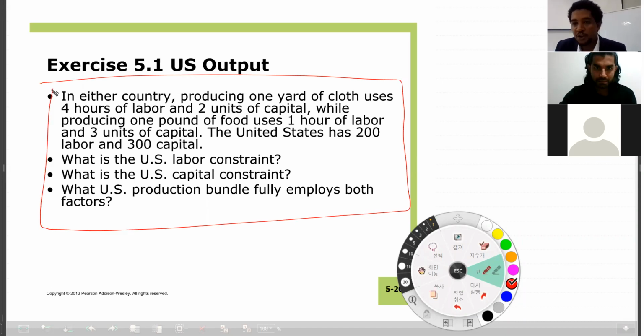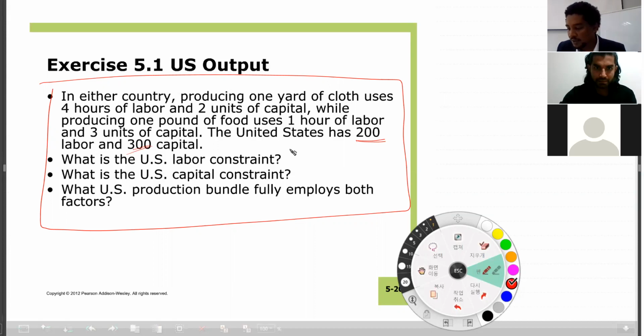For example, in your midterm exam, I might give you a question like this. Okay, you will be given the hours of labor and capital required to produce clothes, the hours of capital and labor required to produce food, and the total amount we have. Here you can see it says the US has 200 labor and 300 capital.